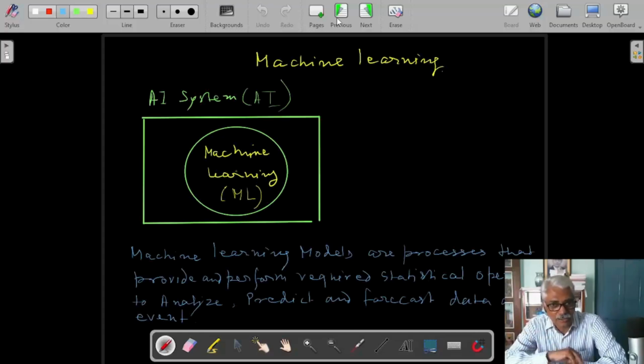Maybe there are three elements we are focusing upon.